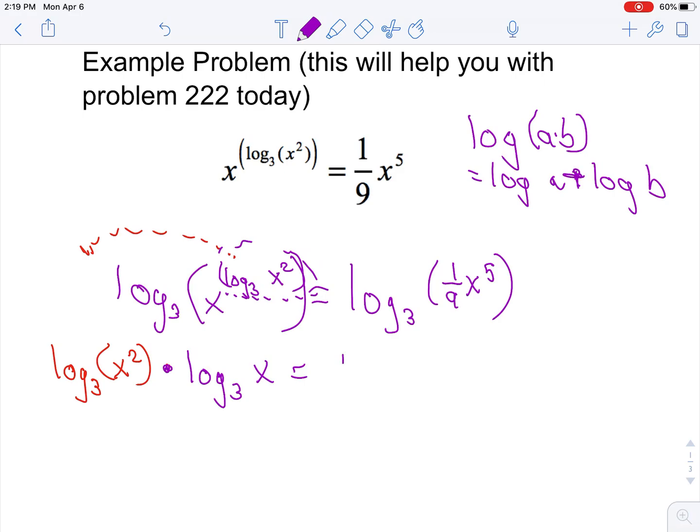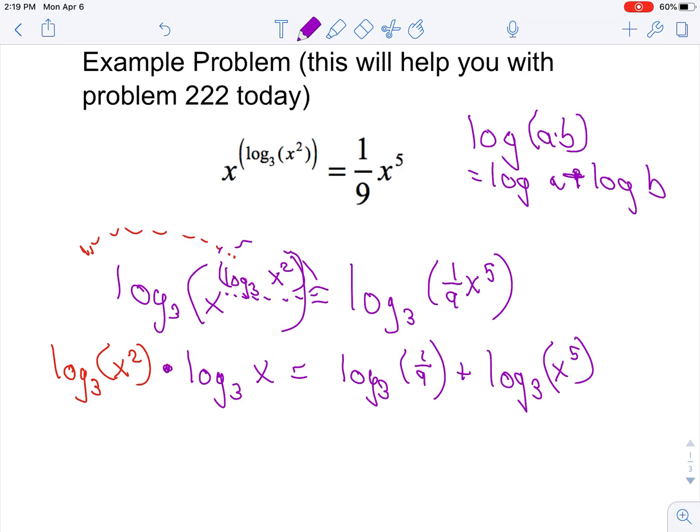So think about how I can do that here. I can write log base 3 of 1/9 plus log base 3 of x to the 5th. I'll get back to that in a second, but hopefully you can see where I'm going to wind up going with this.